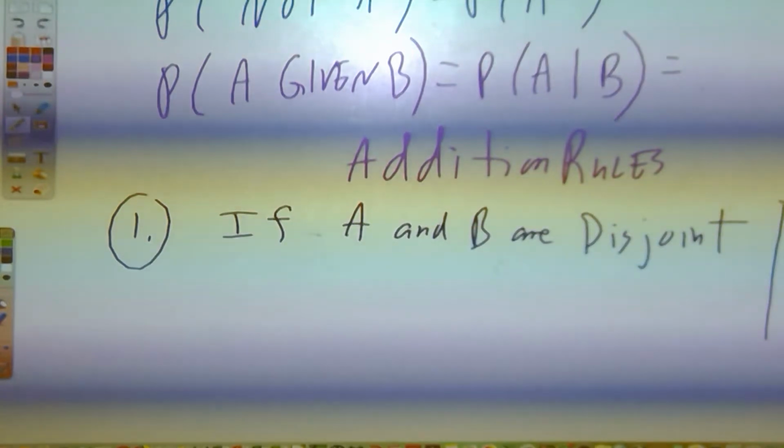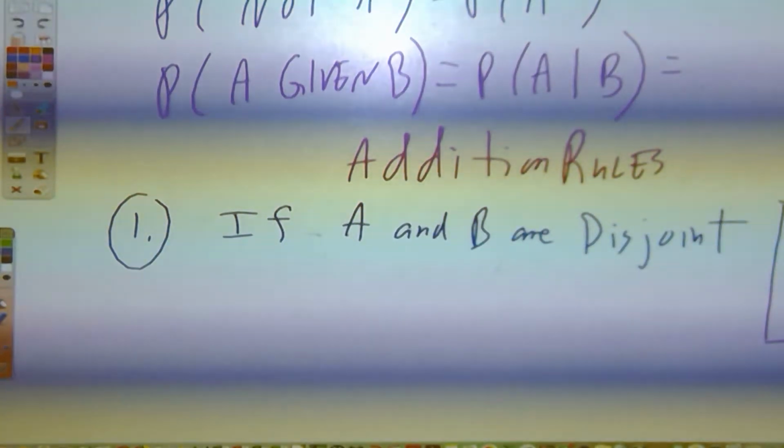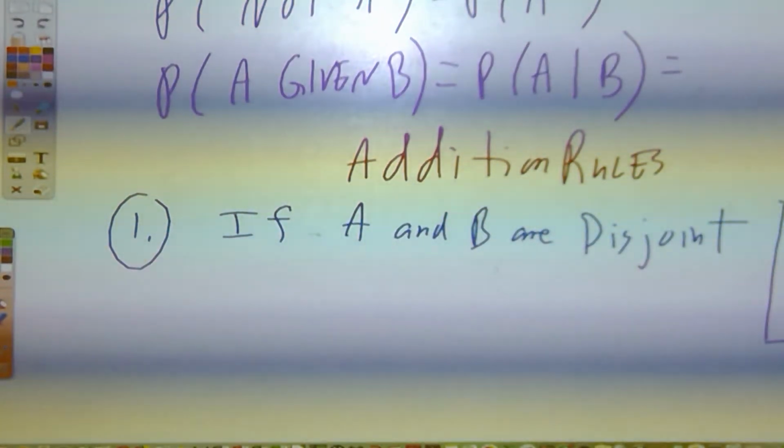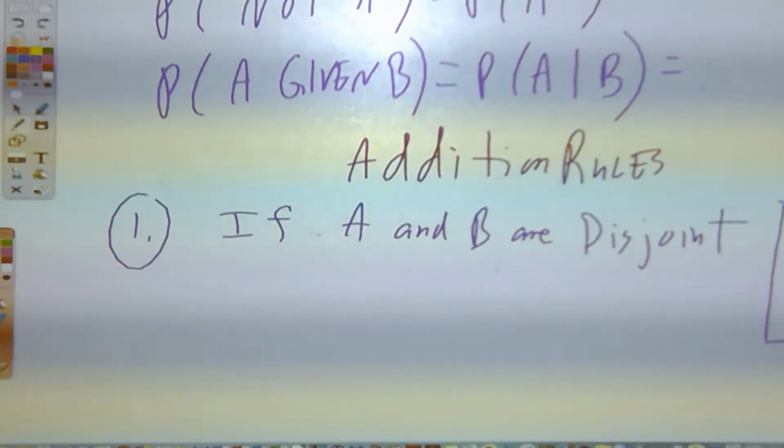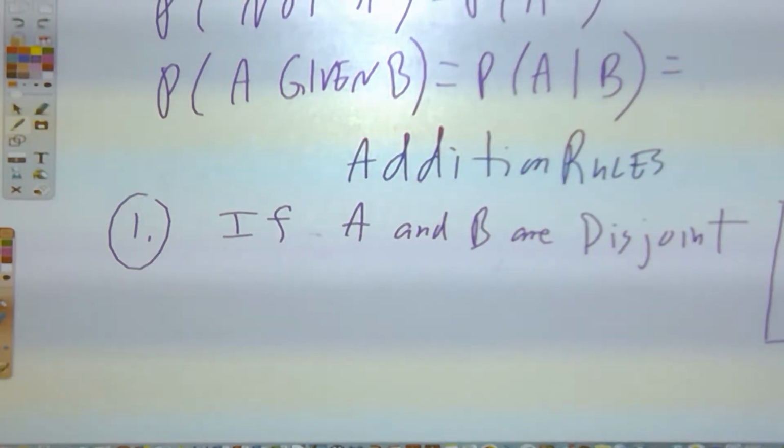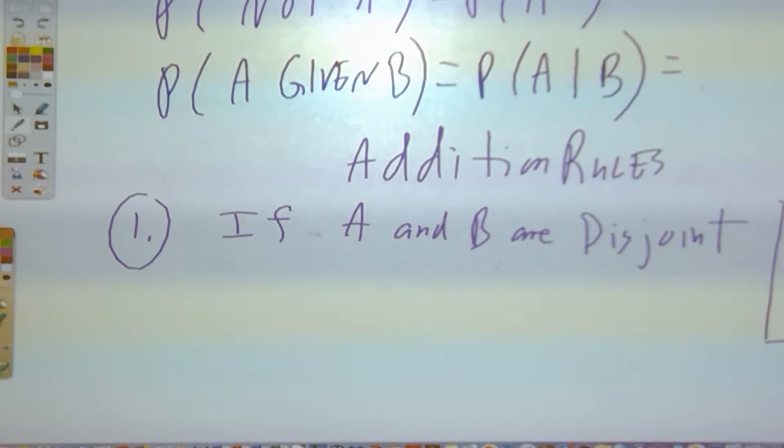Here's a Venn diagram where you have set A and set B that have no overlap whatsoever. It might be something like first class passengers and third class passengers. When there's no overlap between two sets, we call them disjoint.